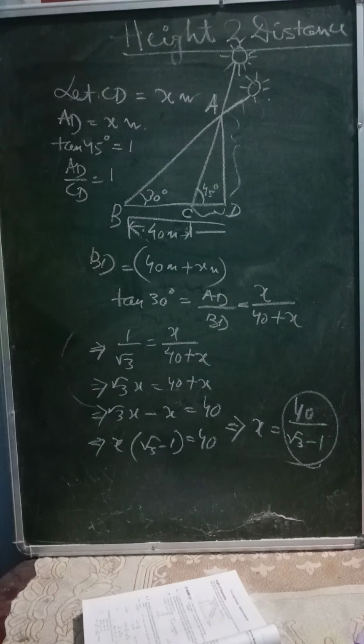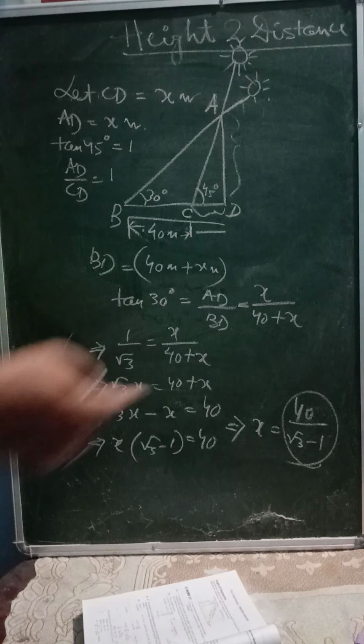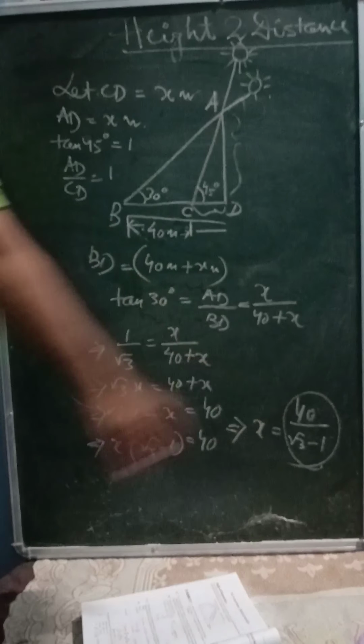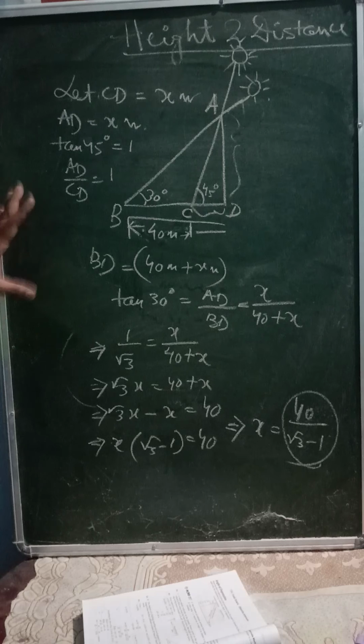This will be our answer. We calculate this by putting in the value of root 3, and finally we can get the answer. So this will be the height of the tower. Understood? So this is the answer to this question.